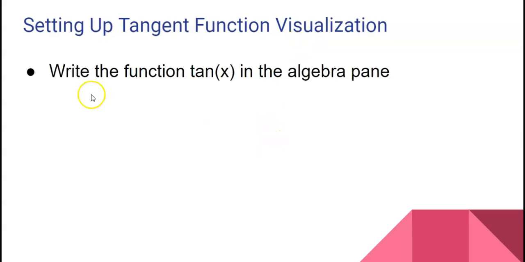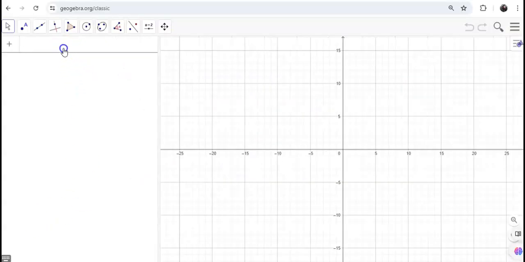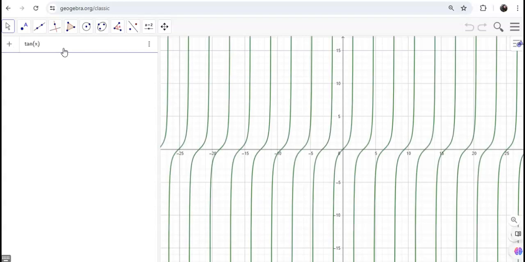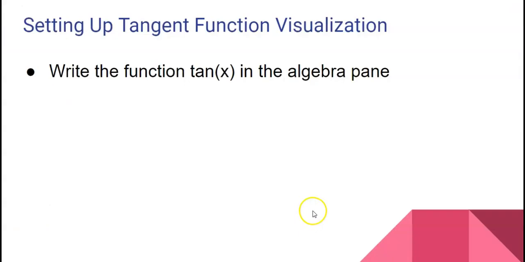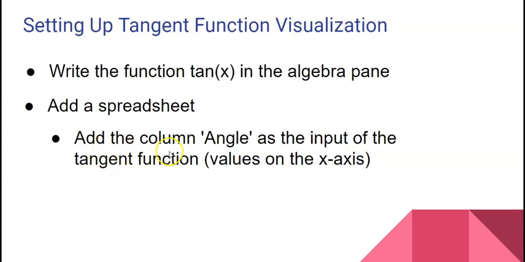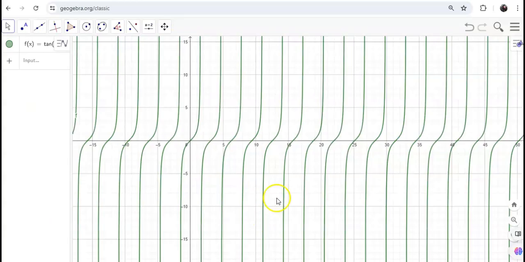We're ready to set up the tangent function visualization. So first, we're going to write the function tangent x in the algebra pane. Next, we're going to add a spreadsheet. We're going to add a column for angle as the input of the tangent function, the values on the x-axis. So let's now add a spreadsheet.